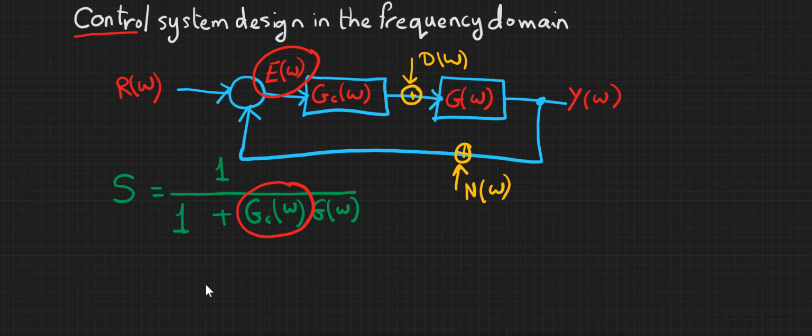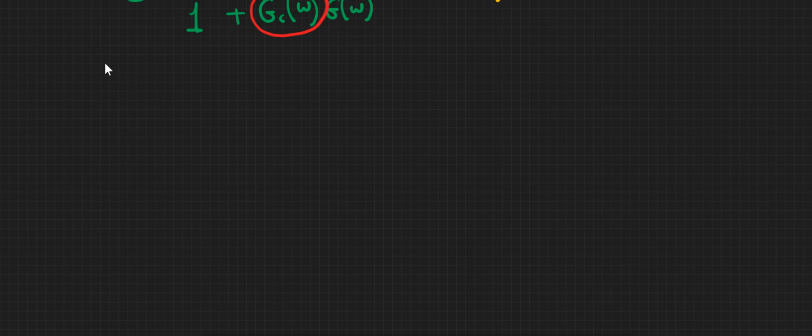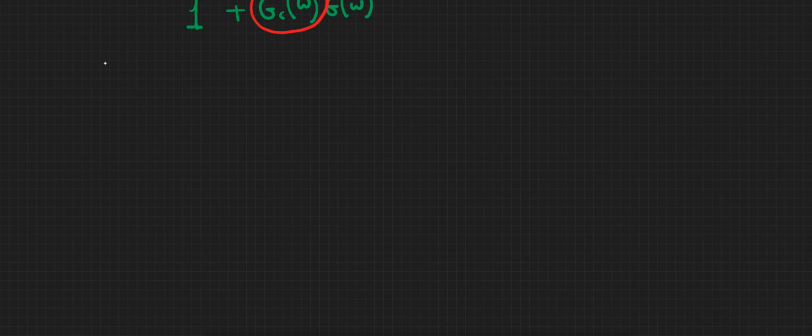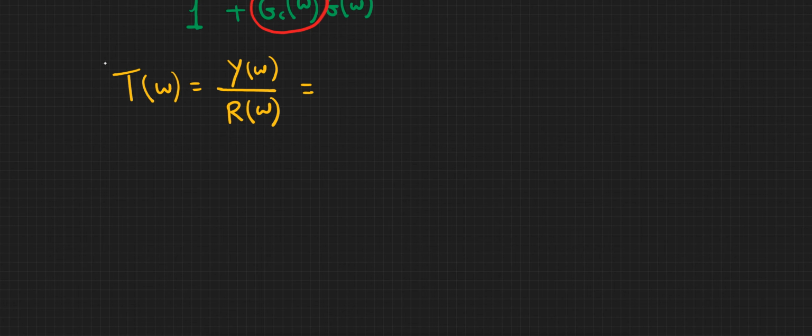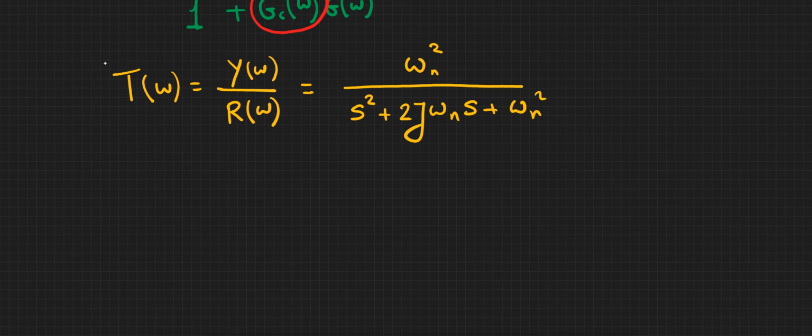One more thing that we talked about was also the closed loop system characteristics. In general, if we talk about the transfer function, which is the output divided by the reference input, and if, let's say, this was a second order system, and we were able to write it with the general second order system formula like this, with s squared plus 2 times zeta omega n s plus omega n squared in the denominator.